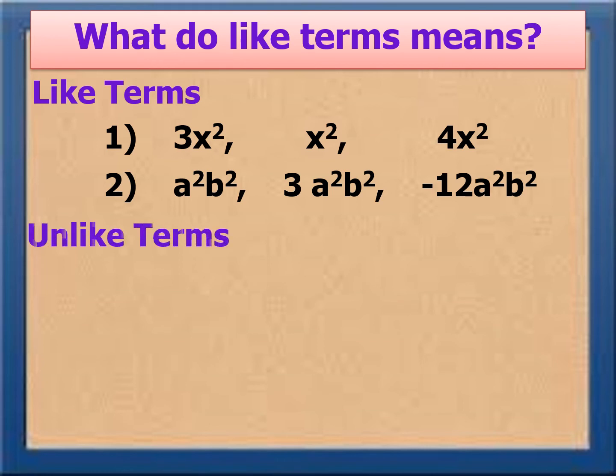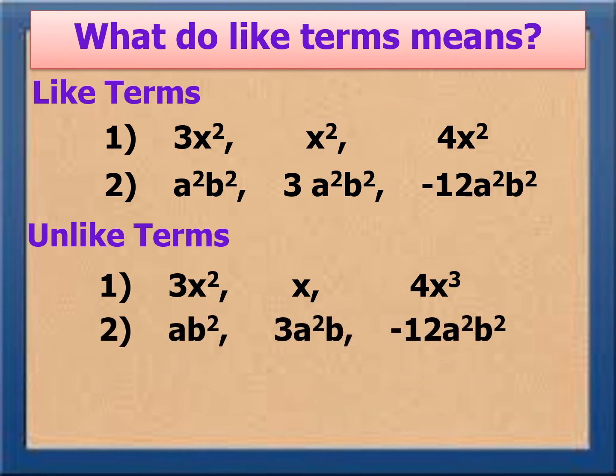Correct. So unlike terms: 3x squared, 4x cubed, ab squared, 3a squared b, negative 12a squared b squared. So from the word itself, unlike terms, they do not have the same terms.